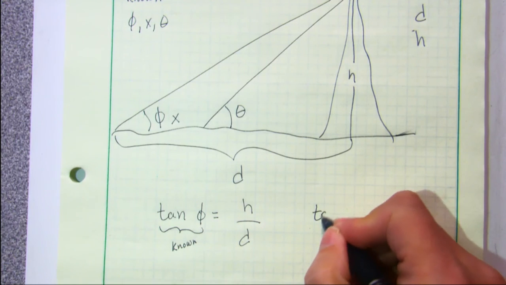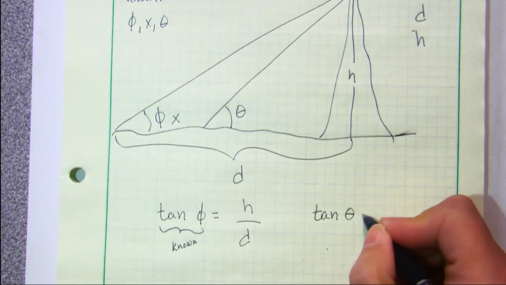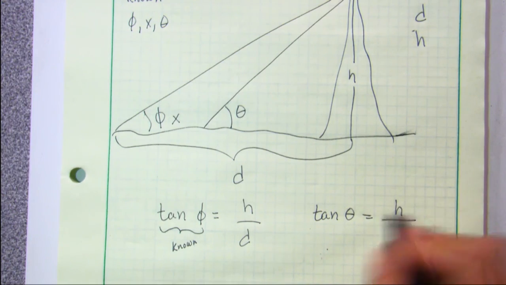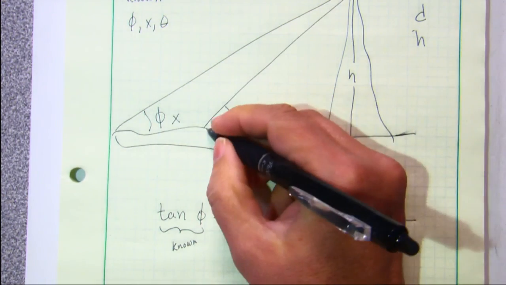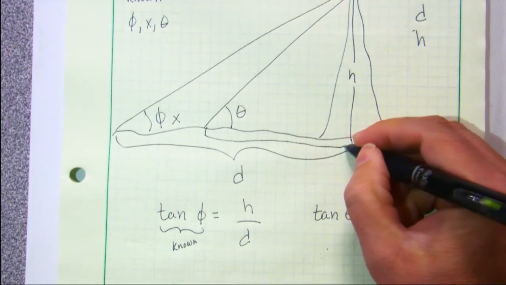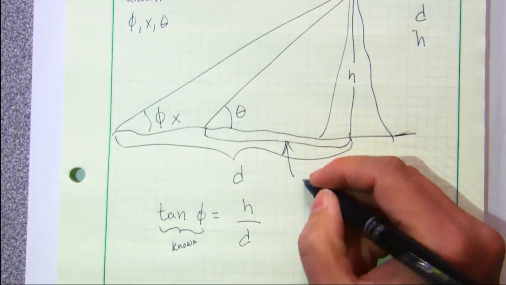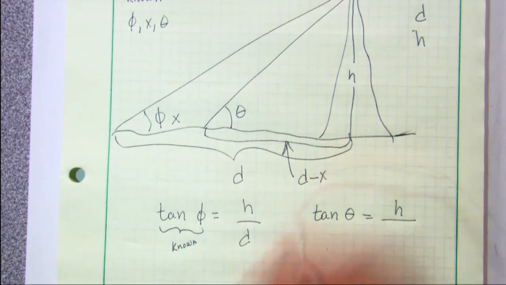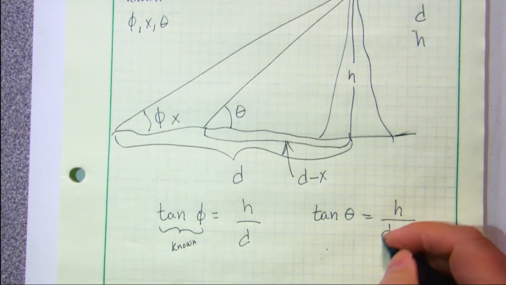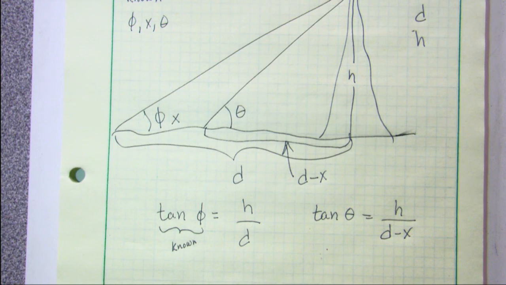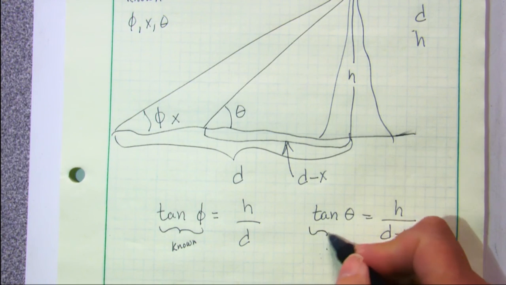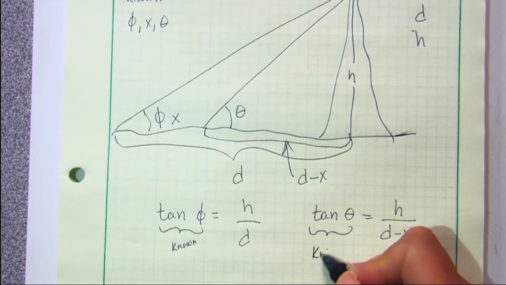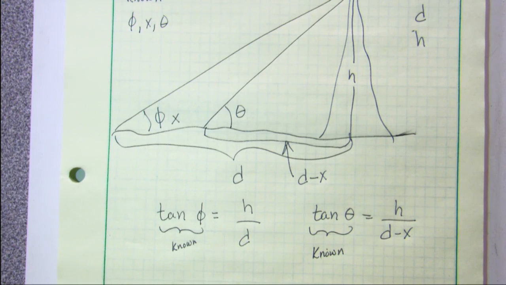Then if I do the tangent of theta, that's h, except now this part of my triangle is d minus x. So now I can put d minus x. This is known. What I don't know is h, and I don't know d.